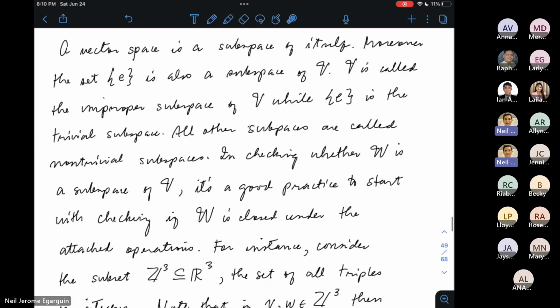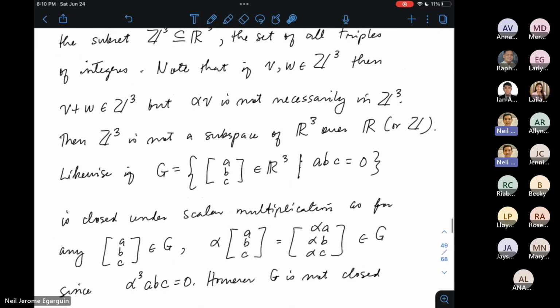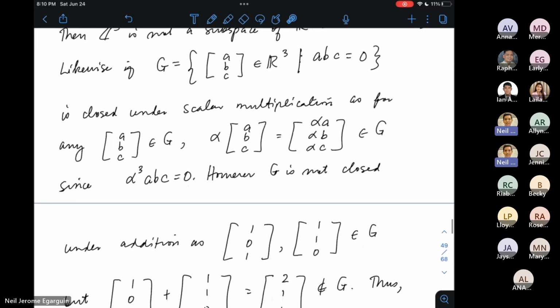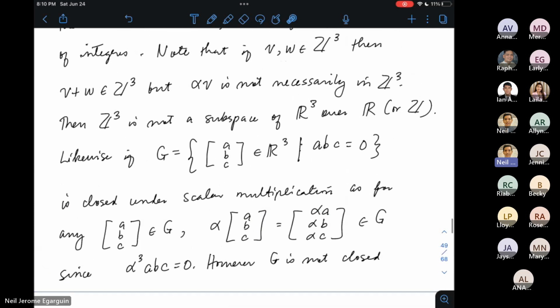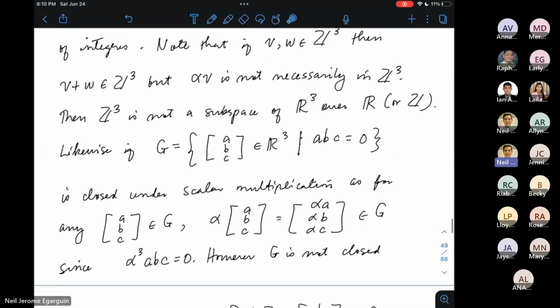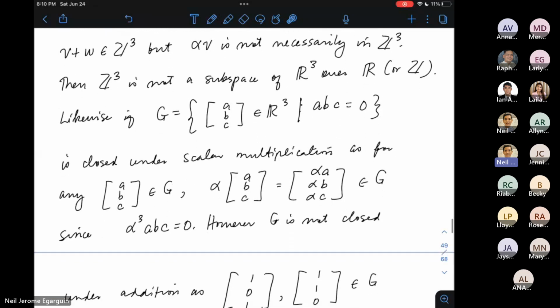Now, let's see what is a good example here. Okay, now, whenever checking if something is a vector space, usually everything just boils down to a couple of things. Ano? First is closure.